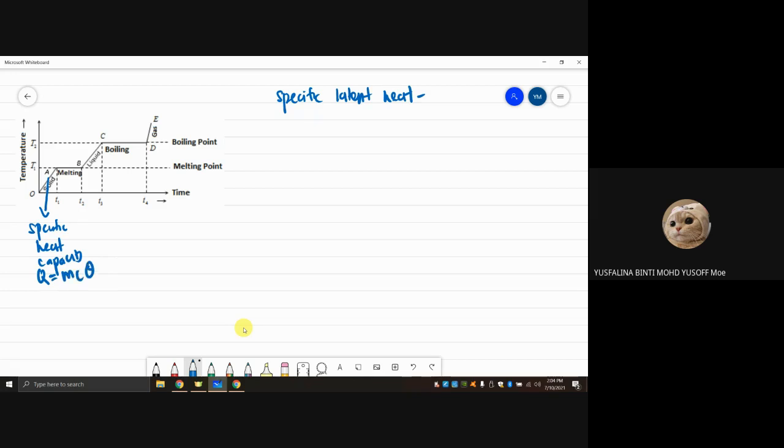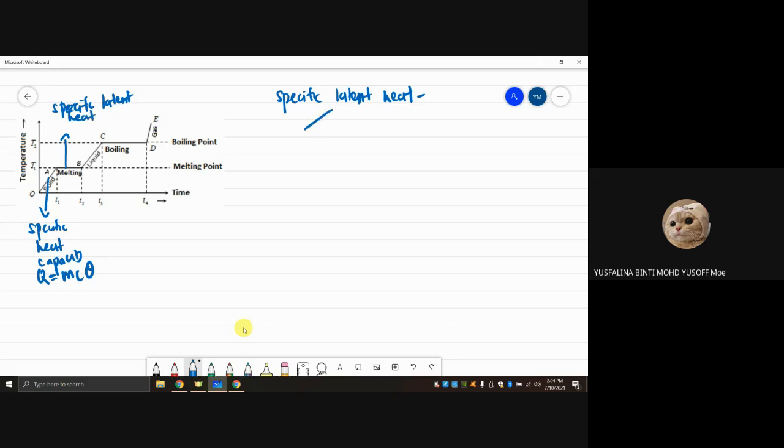And for this one, you can see there is a change of phase. Melting means it changes from solid to liquid, so this is the specific latent heat. There are two types of specific latent heat.